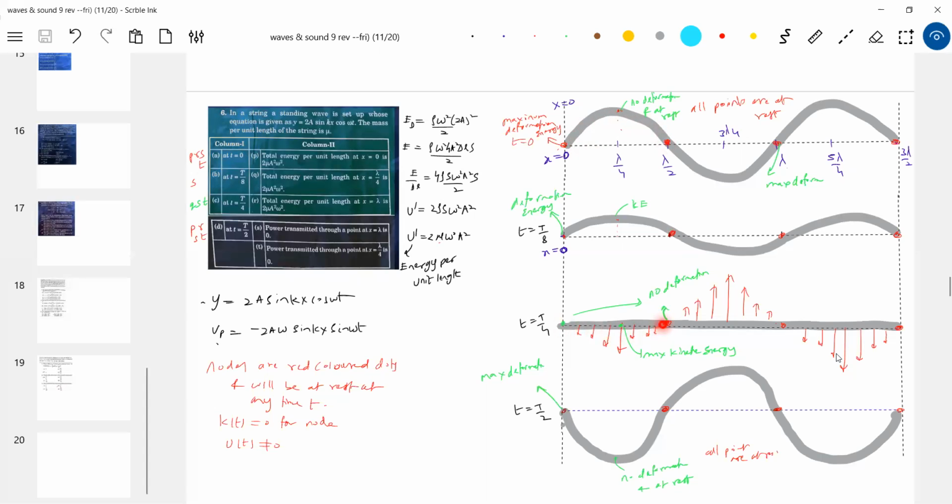So what actually happens is that half of the energy of this node, half of the energy of this node will be available as kinetic energy of this antinode. Because again you see that one. You compare this, from where this will get energy, from this node or this node.